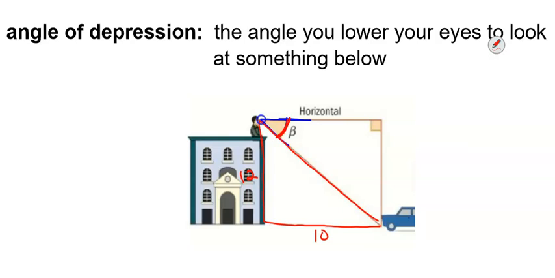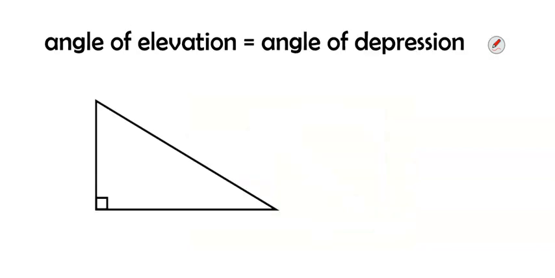So the trick, or what I always do, is I always realize that the angle of elevation is equal to the angle of depression. They're the same. So if they say, all right, this angle out here is, I don't know, 24 degrees, and that ends up being outside your triangle, the trick is that you can take that 24 degrees and put it at the bottom of your triangle, where the angle of elevation would be.